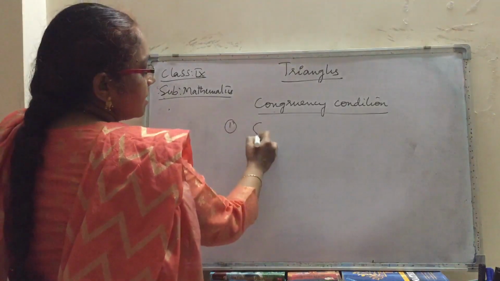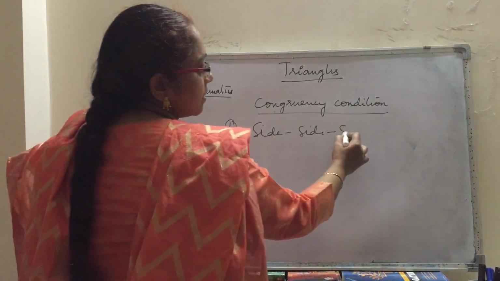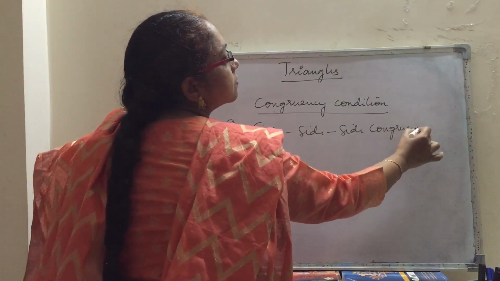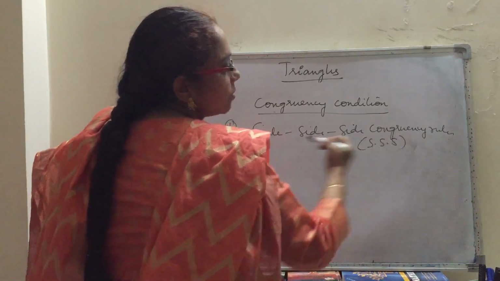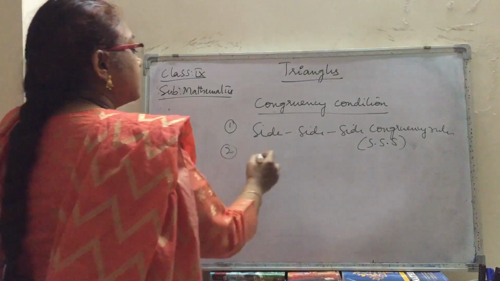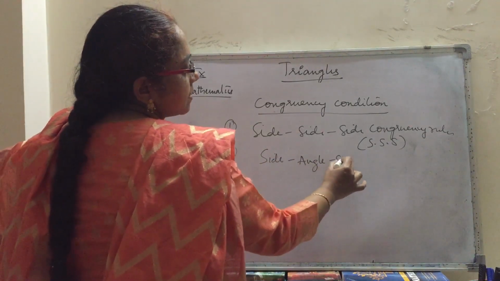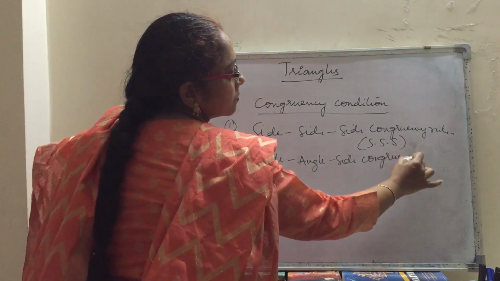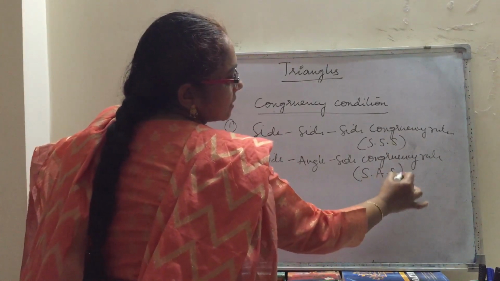See, the first one is side side side congruency rule. Simply we can say SSS congruency rule. And the second one is side angle side congruency rule. Simply we can say SAS.